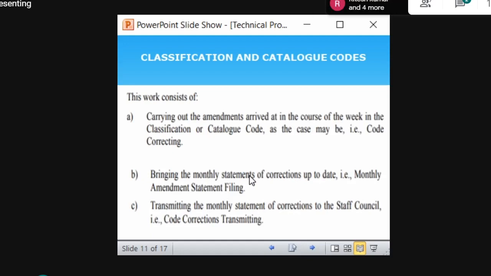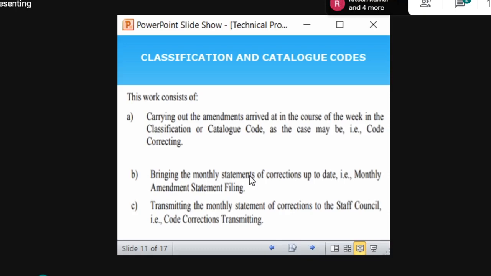Now, for example, if the library was using DDC 23rd edition, and next year the 24th edition comes out, it means we have to modify. We cannot still use the 23rd. So we are carrying out the amendments that arrived in the course of the week, as the case may be, and keeping the monthly statements correct and up to date.